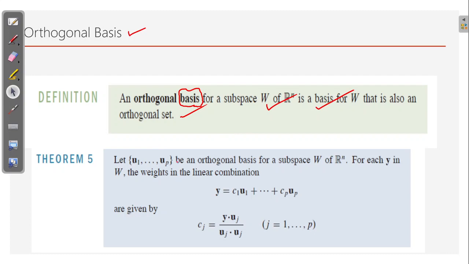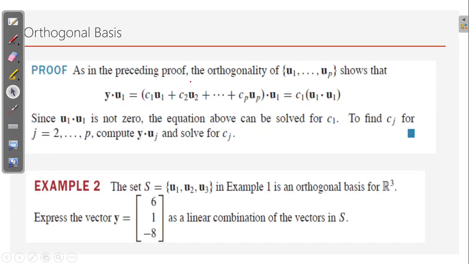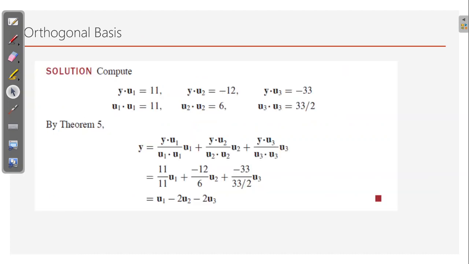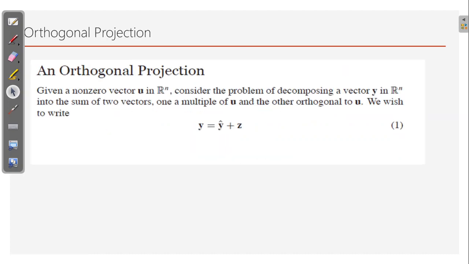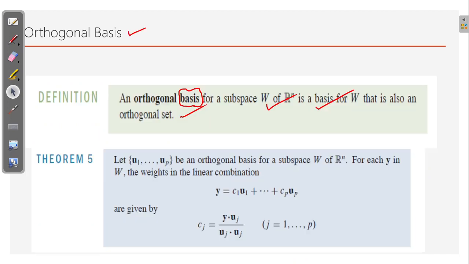Now we have theorem number 5. Let the set S of vectors u1, u2, etc. up be an orthogonal basis for a subspace W of Rn.